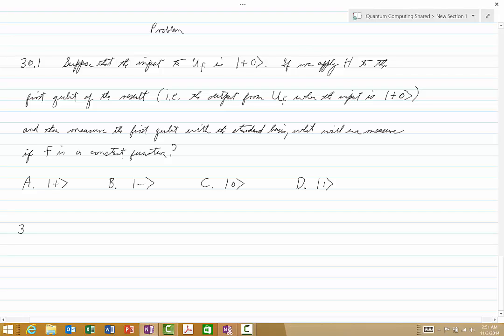And then 30.2 will say the same question, except now f of 0 is not equal to f of 1.